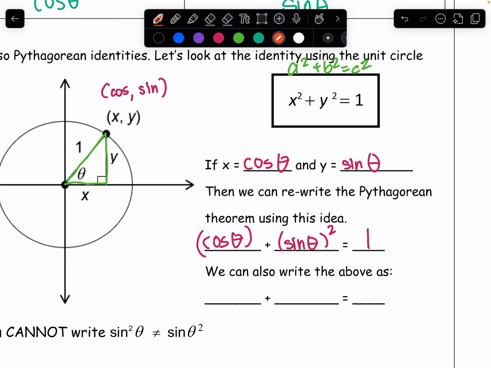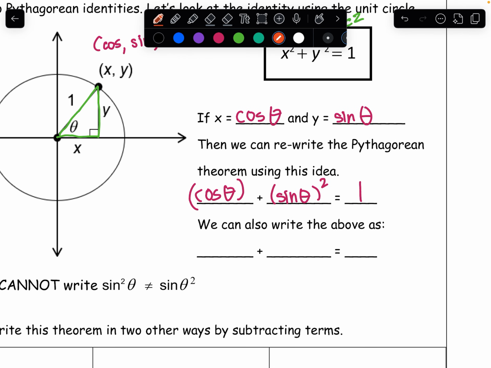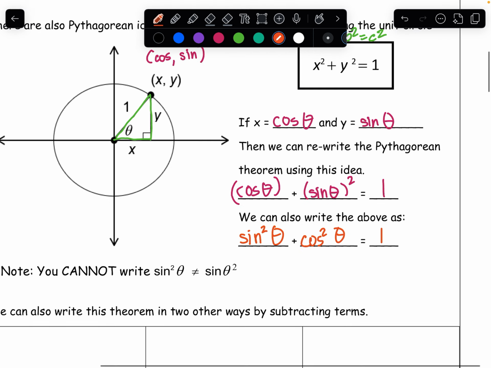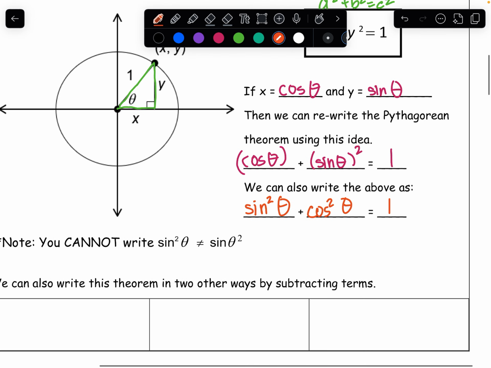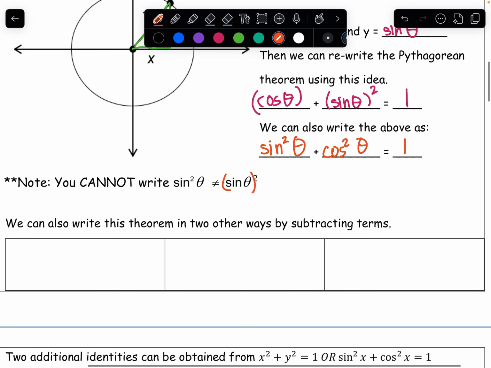Now, when we square something, we can also rewrite it, and I'm going to change the order as well: sine squared theta plus cosine squared theta equals 1. You cannot write sine squared theta as sine theta squared unless you have parentheses around it. Okay, so what we have is sine squared theta plus cosine squared theta equals 1.